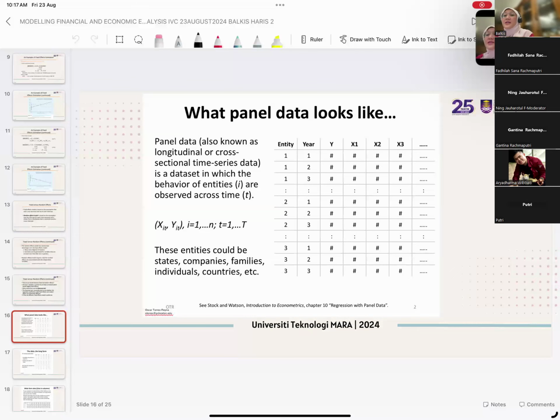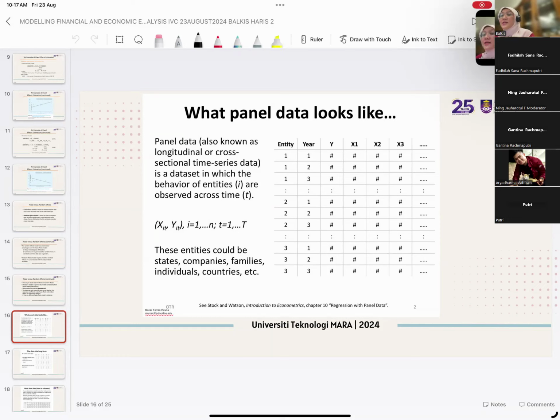For example, the entity is country. 1 is for Malaysia, 2 is for Indonesia, 3 is for Singapore. So we have several countries and several years. This is known as panel data or longitudinal or cross-sectional time series data.